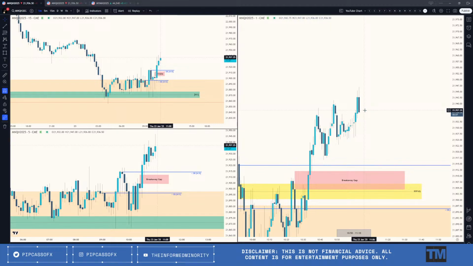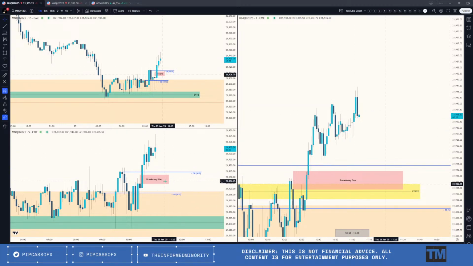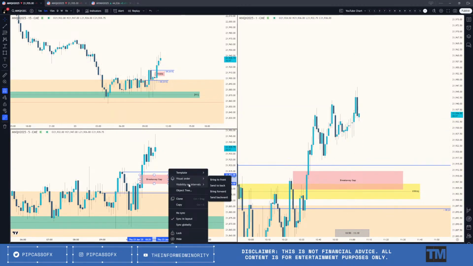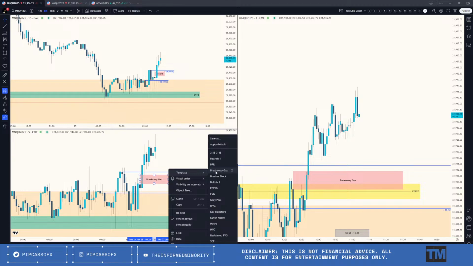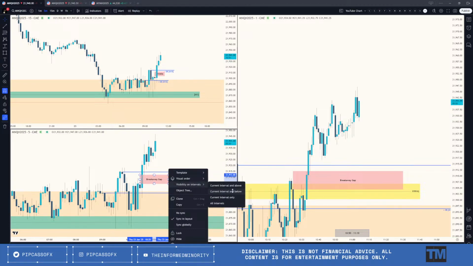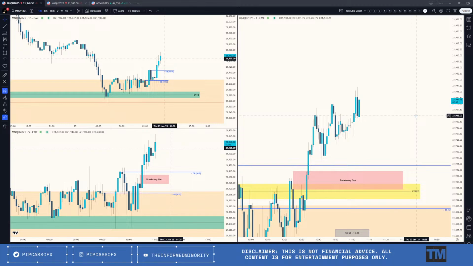But yeah, for me this day, I think tomorrow might be a little bit better. A little bit better of a day, personally. Just need to see a fair value gap be formed.